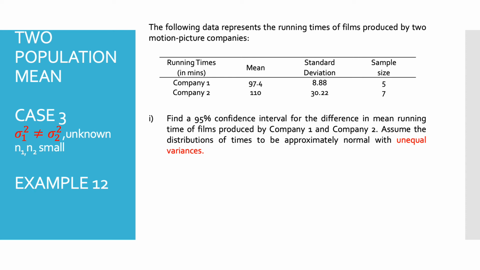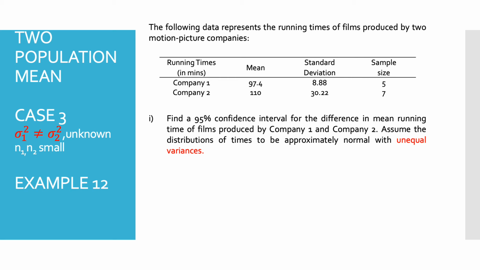We have company 1 and company 2, and we are given the mean, standard deviation, and sample size for both groups. The question is, find a 95% confidence interval for the difference in mean running time of films produced by company 1 and company 2. Assume the distribution of time to be approximately normal with unequal variances.